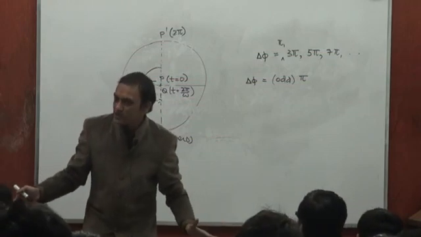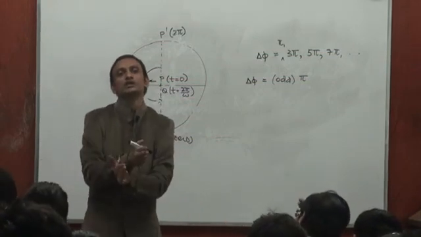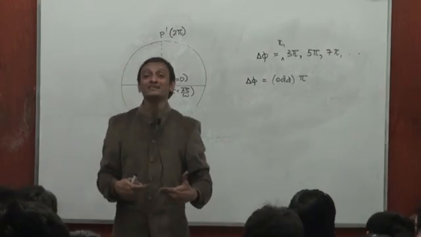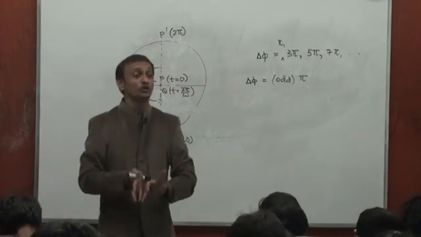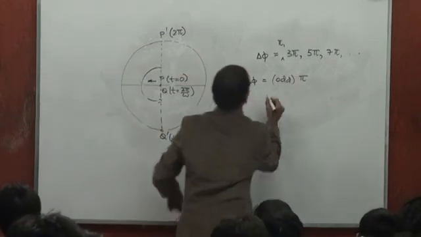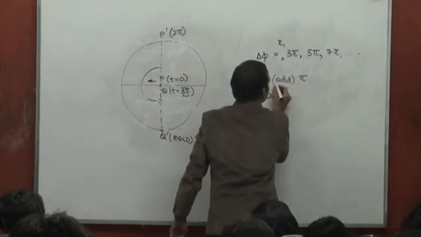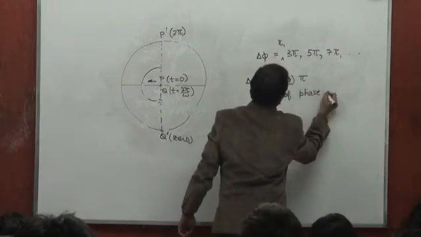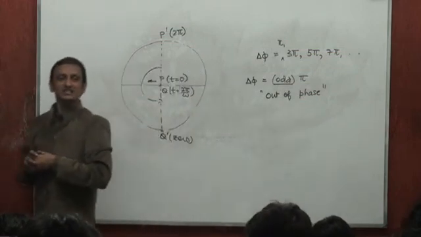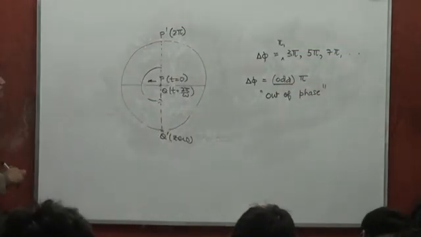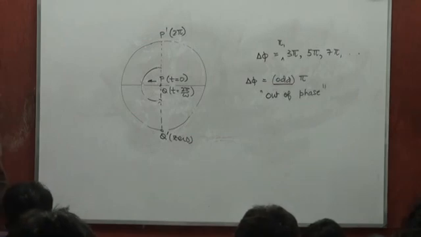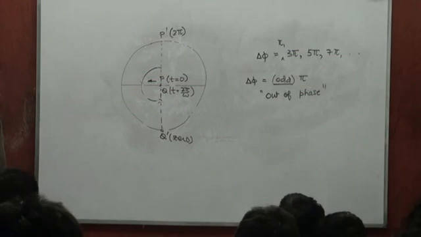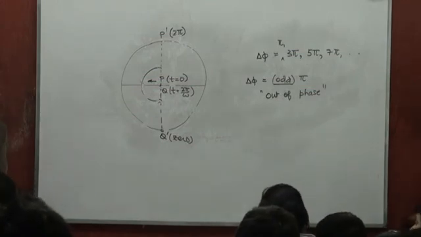When at the mean position they are headed in opposite directions, we say that the two particles are out of phase with each other. A phase difference of an odd multiple of pi is like saying out of phase with each other. Got me? Makes sense to all of you, right?